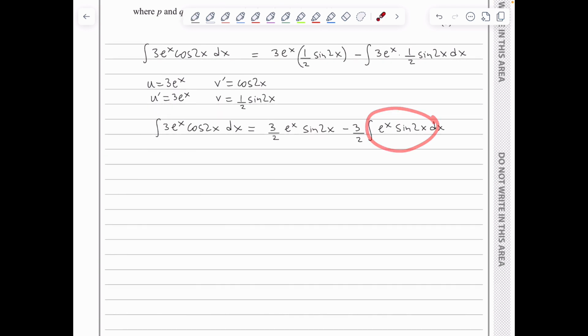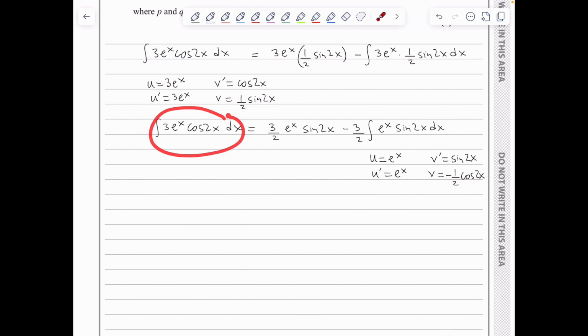So I will be reapplying integration by parts on the integral of e to the x sine 2x. I will be setting u to be e to the x and v dash to be sine 2x. This means that u dash is equal to e to the x and v is minus a half cos of 2x, and therefore the whole integral of 3e to the x cos 2x dx is equal to the 3 over 2 e to the x sine 2x we had, minus 3 over 2, and I will open brackets here.